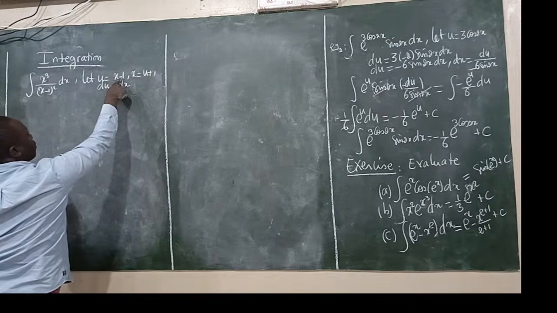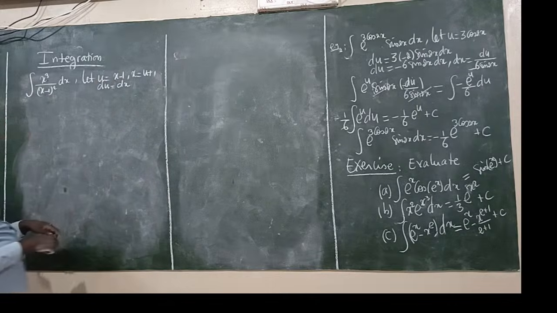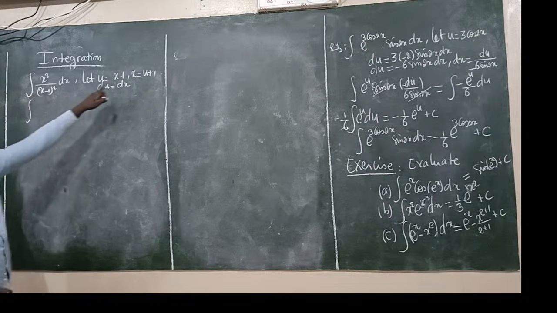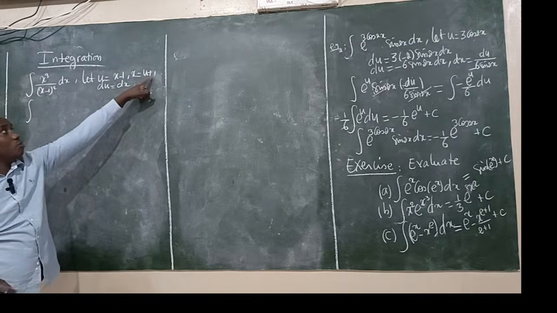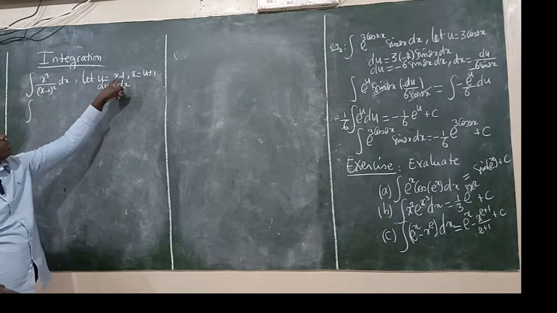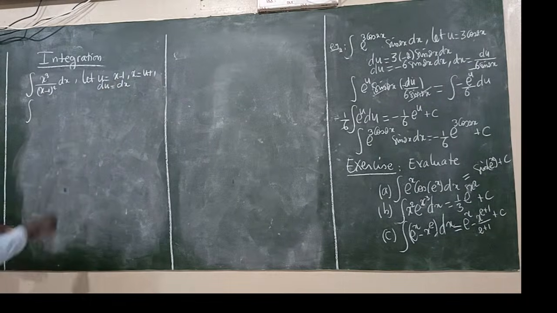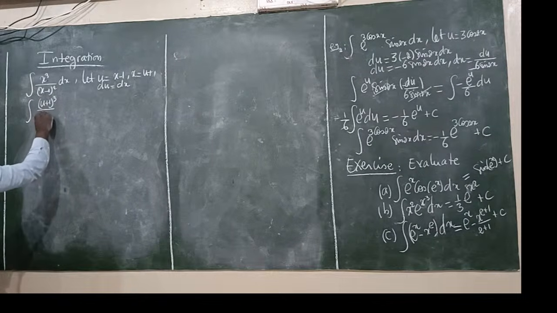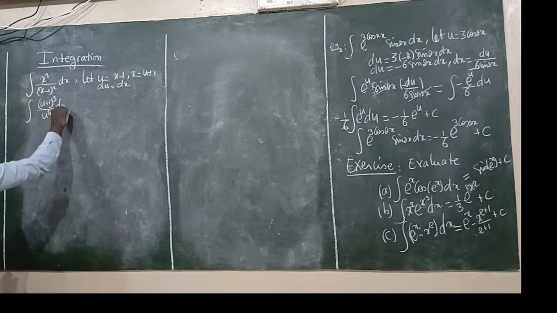This minus 1 will be added here to the plus. Okay. Now let's replace. We are going to replace x by u plus 1 and x minus 1 by u. Here is u plus 1 to the power of 3 divided by u squared du.